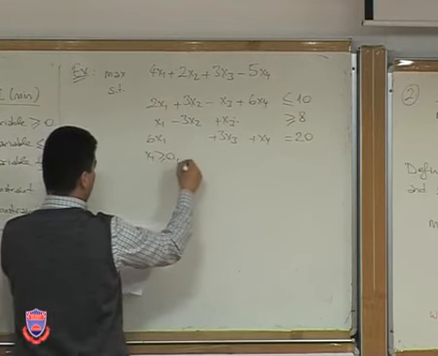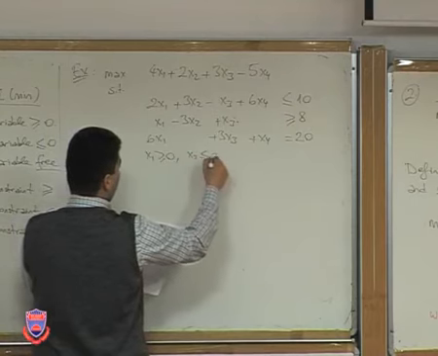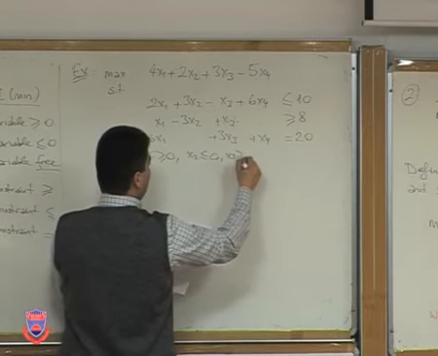So x1 is greater than or equal to 0, x2 is, let's say, less than or equal to 0, x3 is greater than or equal to 0, and x4 is free.